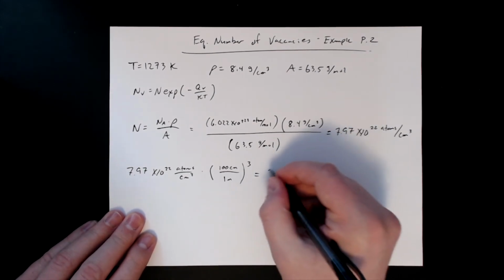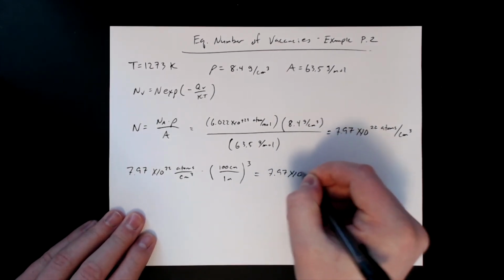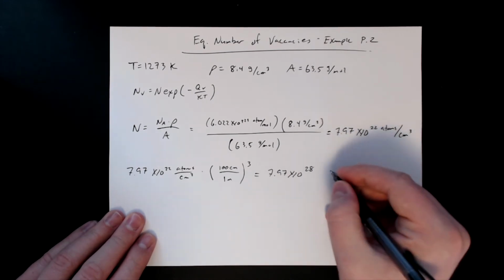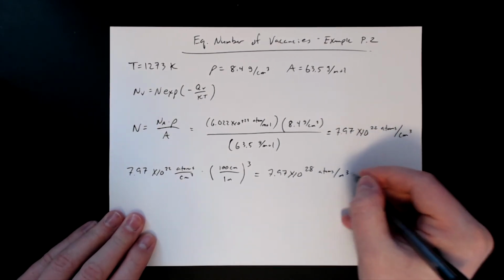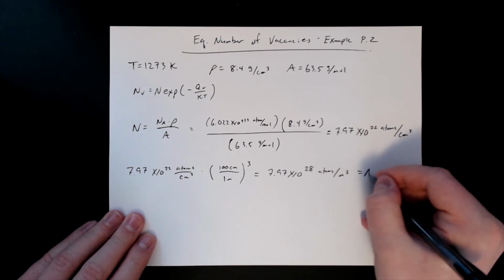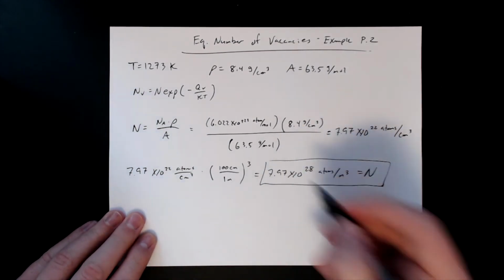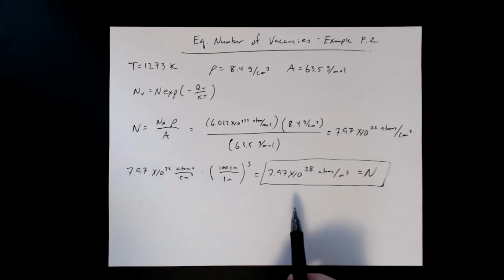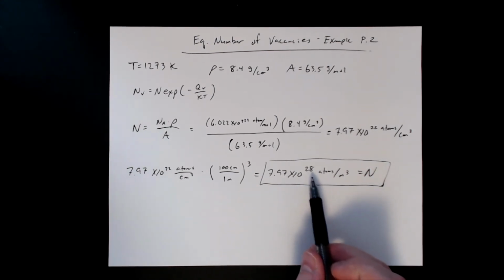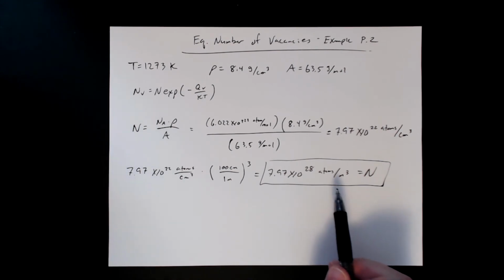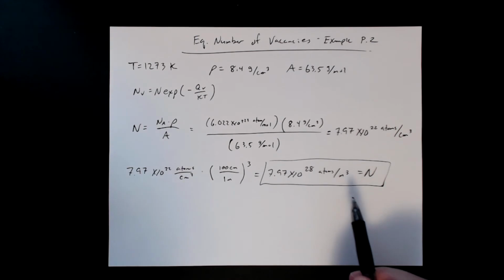That is 7.97 times 10 to the 28 atoms per meter cubed, and that's again equal to n. So that's the first part we need for this expression, right? This tells us that we have 10 to the 28 atoms per meter cubed. That's a huge amount, right? Because we're talking about many moles in this case.